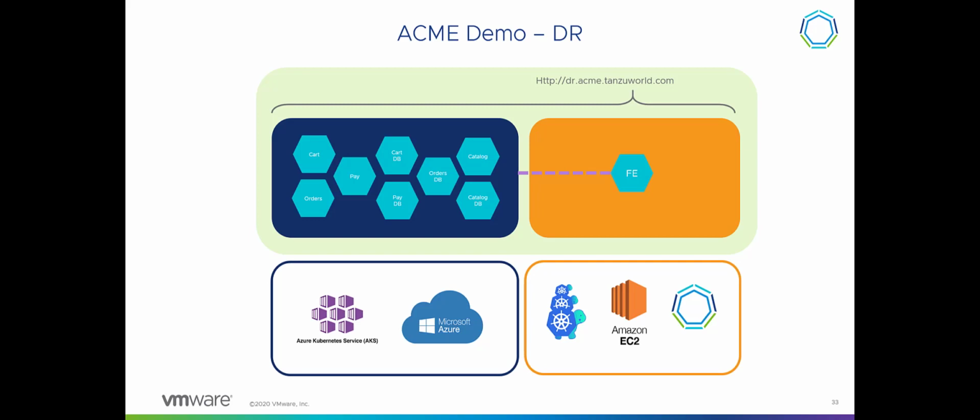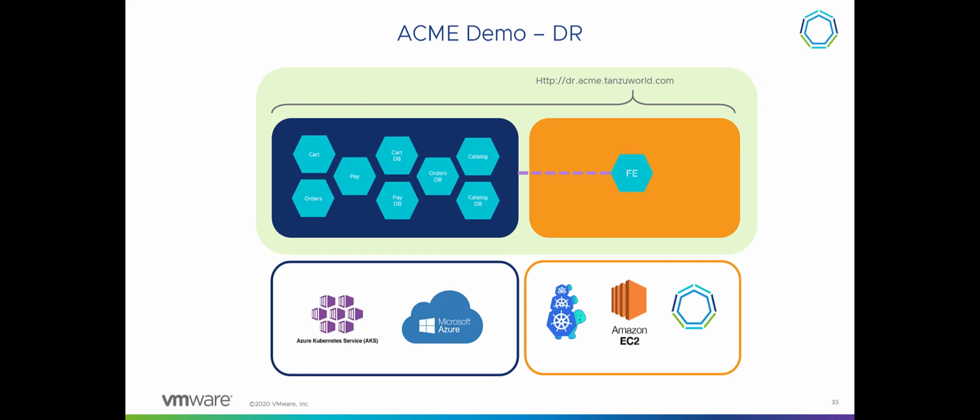So we will basically have a full mesh between all the four clusters with one global load balancer referring to acme.tanzuworld.com, and you can try it right now. You can browse that. It's working. And if you want to get to a specific one of them, you can do either dr.acme.tanzuworld.com or prod.acme.tanzuworld.com.